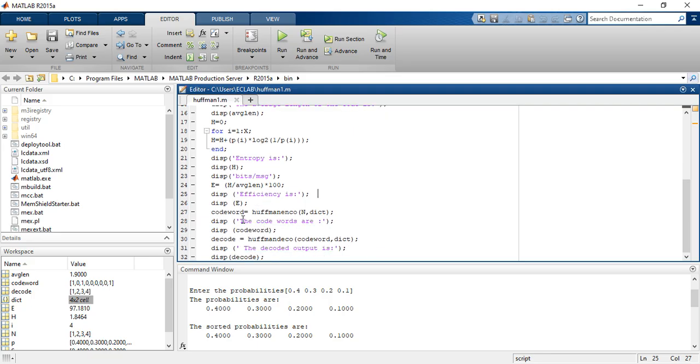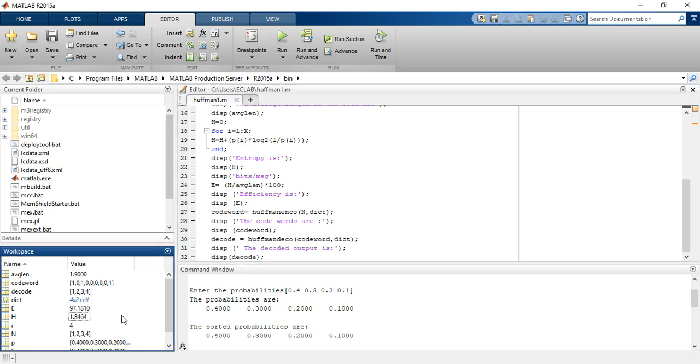And later, codeword is equal to huffmanenco(n, dict). This particular function will calculate the encoded data. It encodes the input symbol n using the Huffman codes described by the input code dictionary dict. Actually, codeword holds the encoded data row-wise, but the dictionary will calculate the binary number.